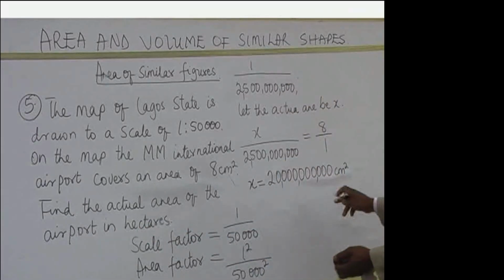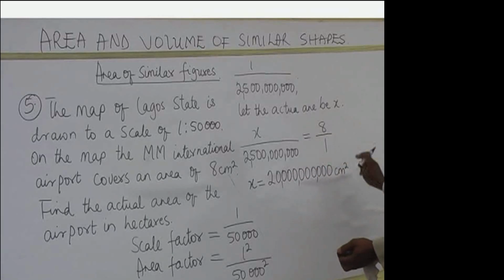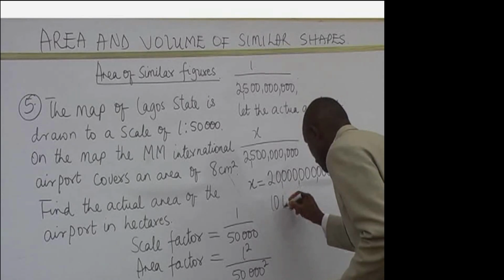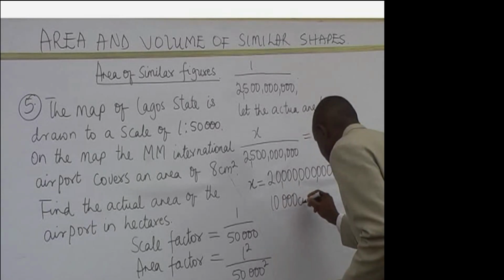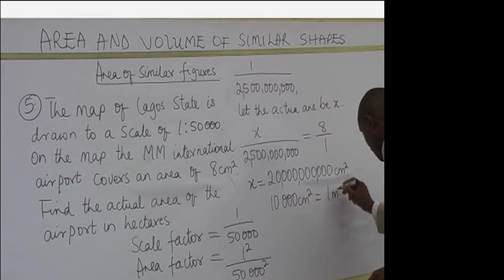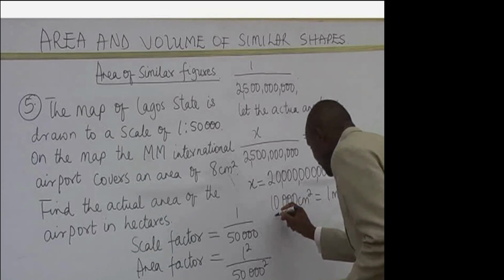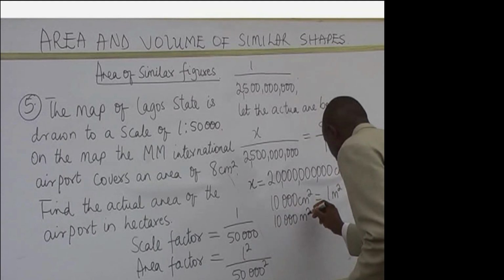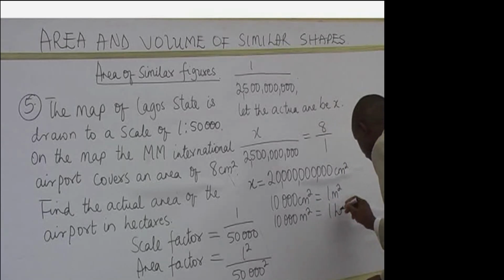But the question says we should give the answer in hectares. So we're going to convert 20 billion centimeters squared into hectares. First of all, 10,000 centimeters squared is equal to 1 meter squared, and 10,000 meters squared is equal to 1 hectare.